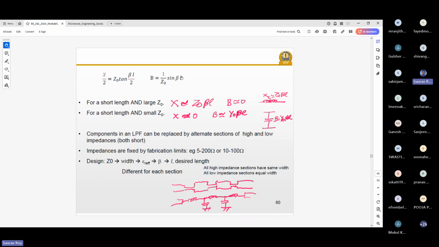So what can we get from these two expressions? Very simple.